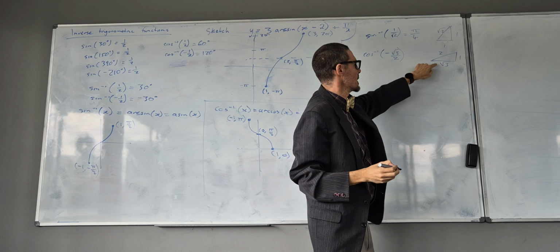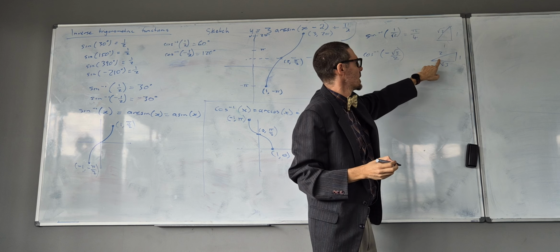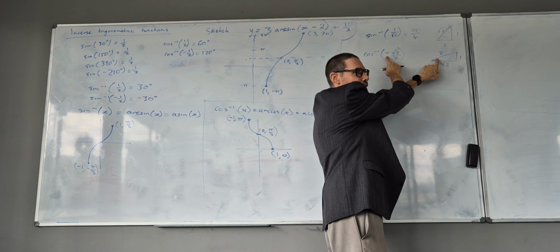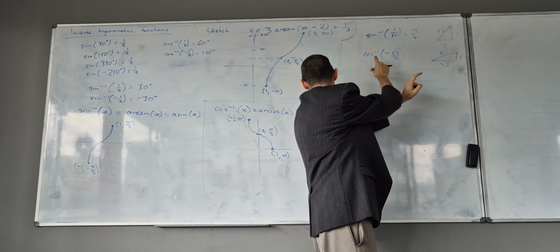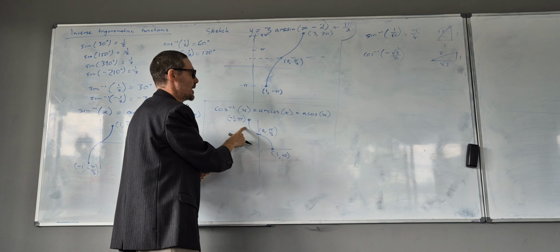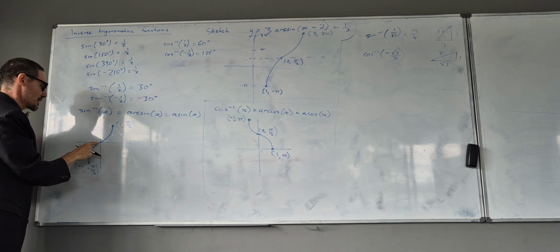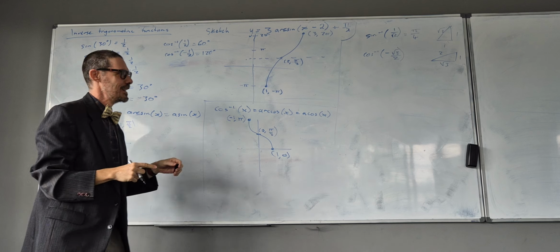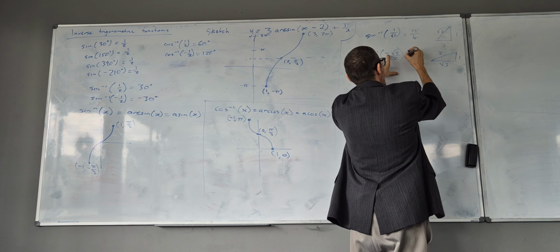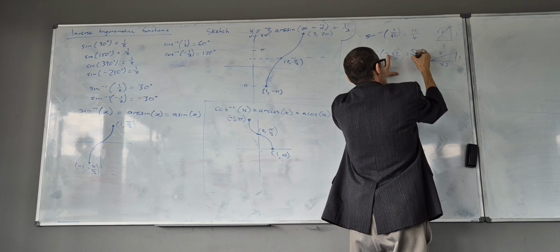Root 3 on 2 is cos, so it's pi on 6. However, negative, so I'm in the second quadrant. Arc cos is defined for the second and first quadrants, whereas arc sine is defined for the first and fourth quadrants. So, second quadrant, pi on 6, so it's actually 5 pi on 6.